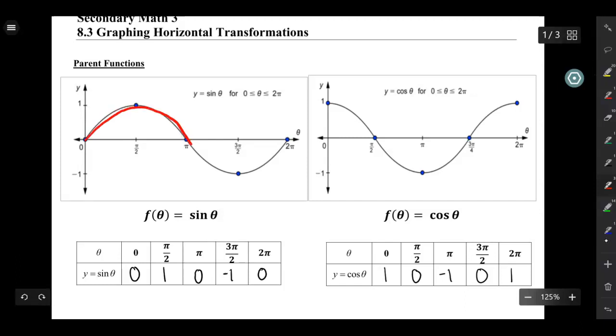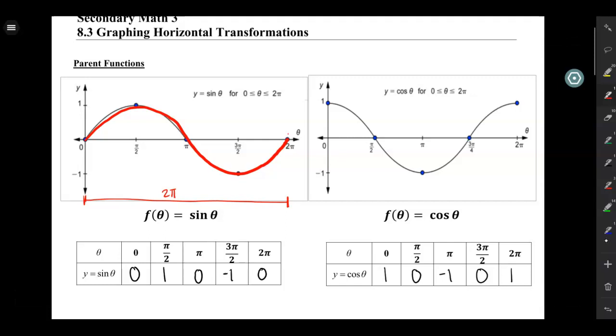With sine, you go up, you go down, and you go back to where you started. Then you would start a new cycle by going up and down and back to where you started. So the period is the length or distance it takes to complete a full cycle. In this case, the period is from 0 to 2 pi, so we would say the period is 2 pi.